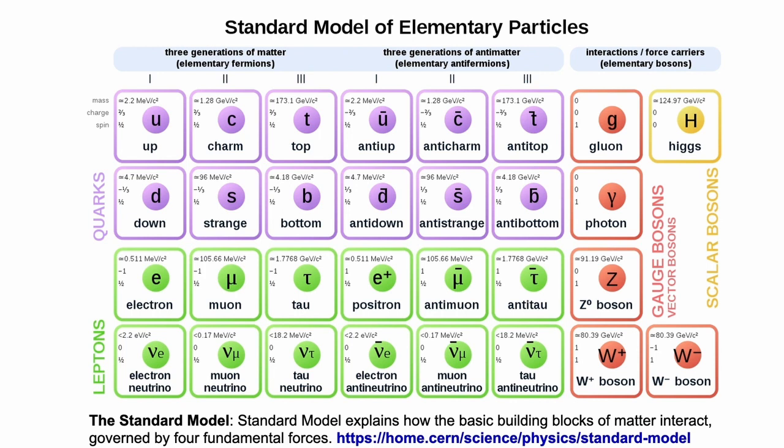The corresponding antiparticles are shown in the next three columns. Field particles or force carriers, gluon, photon, and W and Z bosons, are shown in the seventh column. In the last column, we have the Higgs boson.